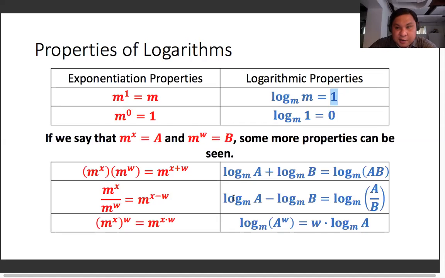In such a particular case, if you are taking the sum of the two logarithmic powers, logarithm a to the base m plus logarithm b to the base m, this is just equal to a single logarithm wherein you take the product of the individual powers to the same base. So take note, the only way this works to combine as a single logarithm is if they have the same base.